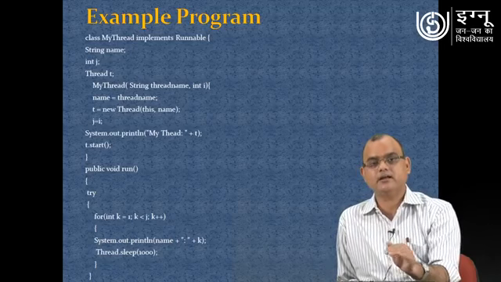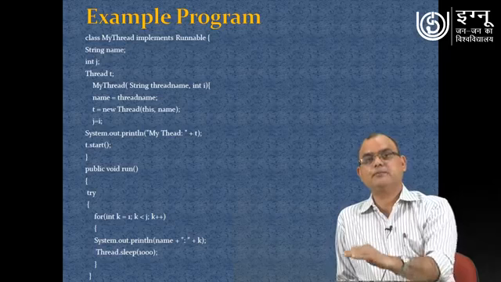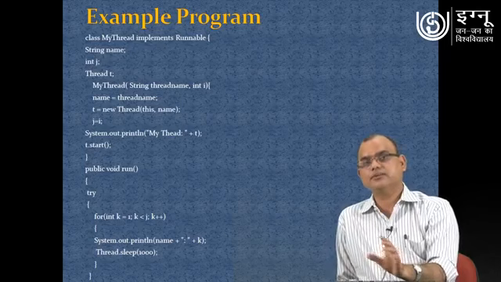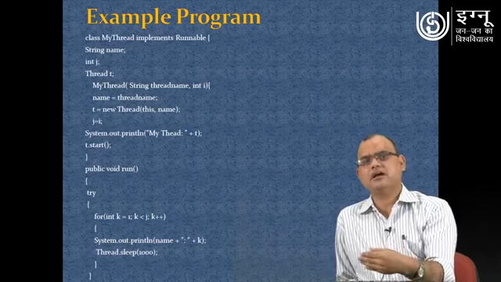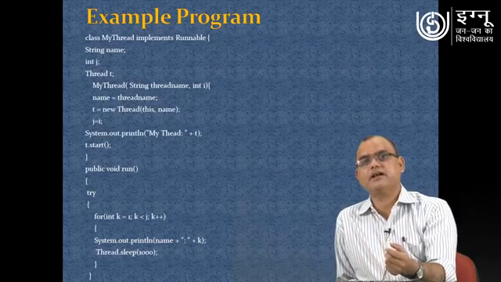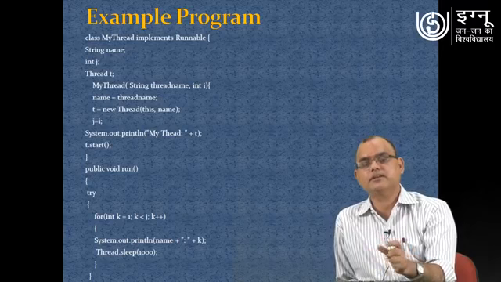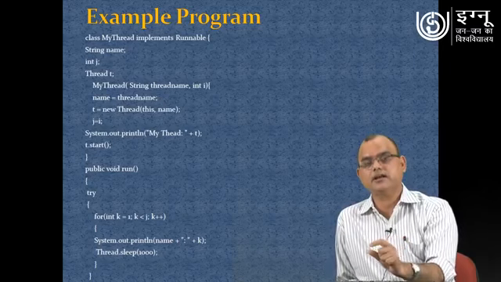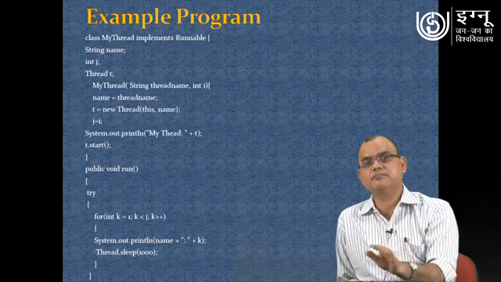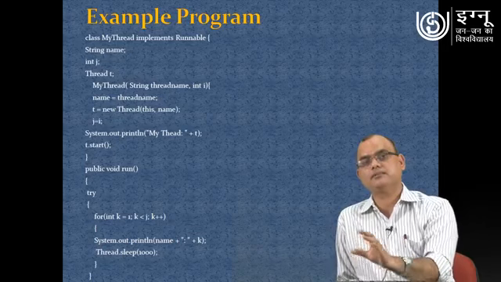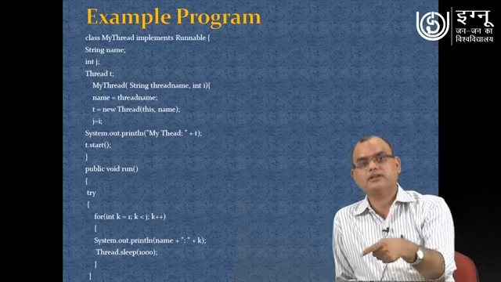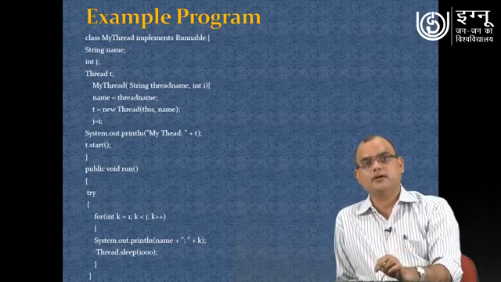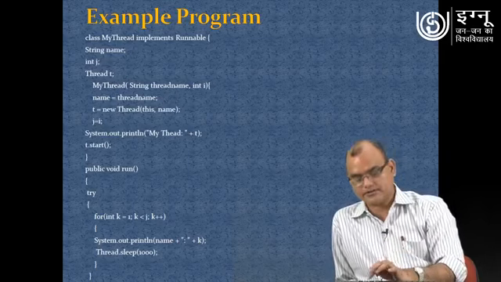So basically this sleep is used to just observe different activities happening on the screen, because within no time maybe a small loop will be executed, but if you want to see the things running, in that case you can use the sleep method, and for that moment of time the processing will be stopped, and then you will see how actually the things are moving in your execution process.